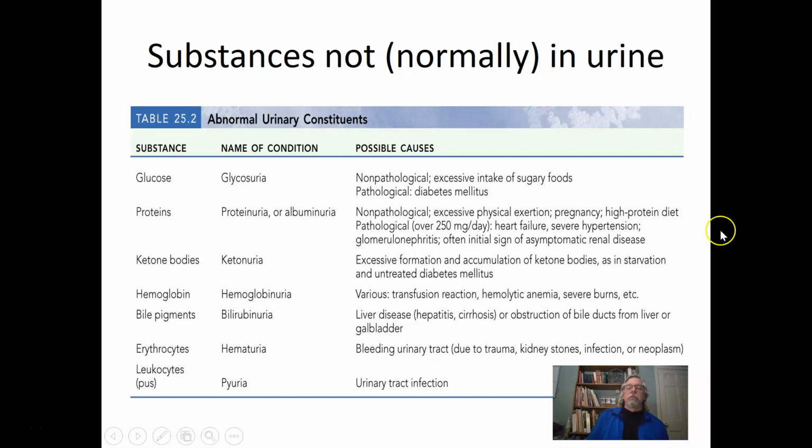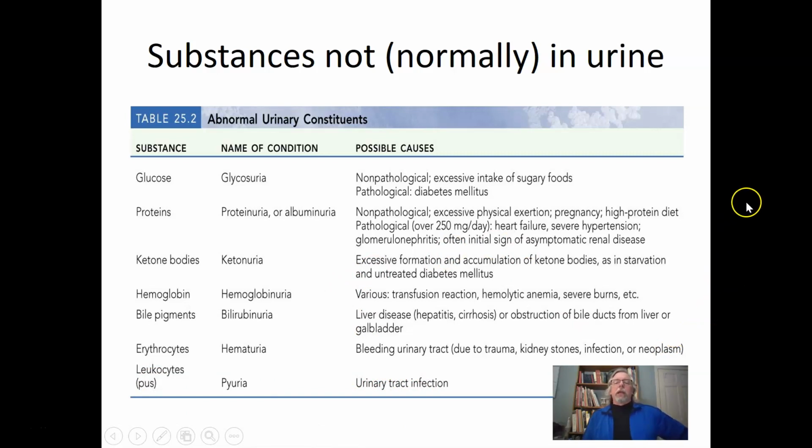That could be due to, for example, a mismatched blood transfusion, which is going to cause a lot of rupture of red blood cells and spilling of hemoglobin. That's one way that hemoglobin can get into the urine. Erythrocytes normally don't get in, but that could be due to bleeding in the urinary tract, for example. Or white blood cells, leukocytes, would be maybe an indicator of a urinary tract infection.